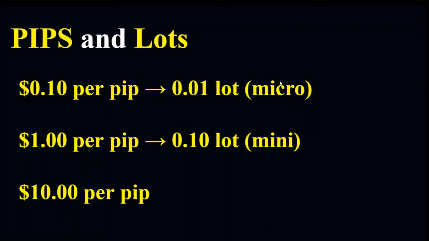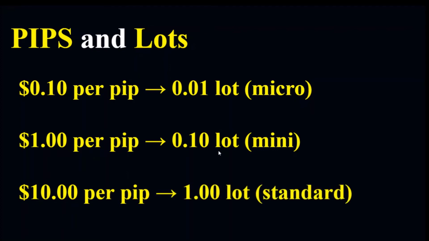These have names, I believe, just because they're common lot sizes used. And then a $10 lot size corresponds to a 1.0 lot, and that refers to a standard lot.